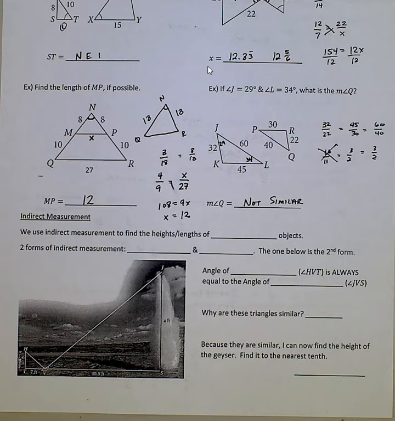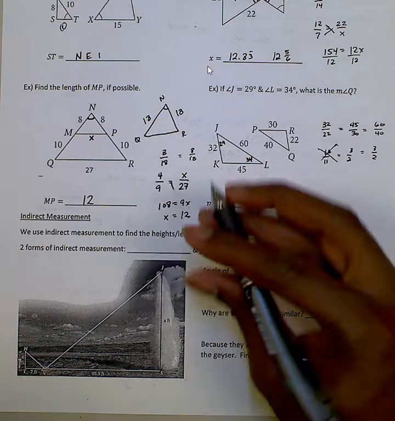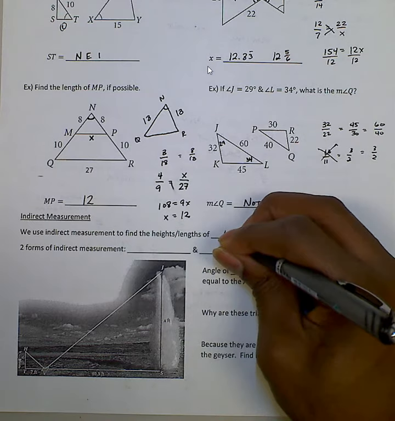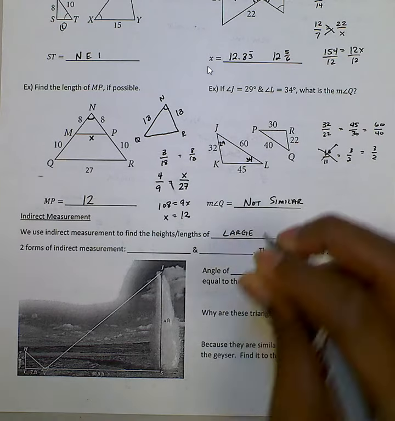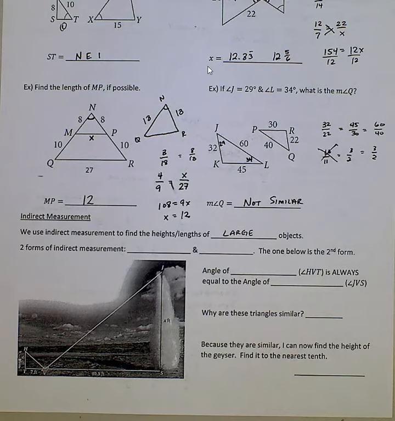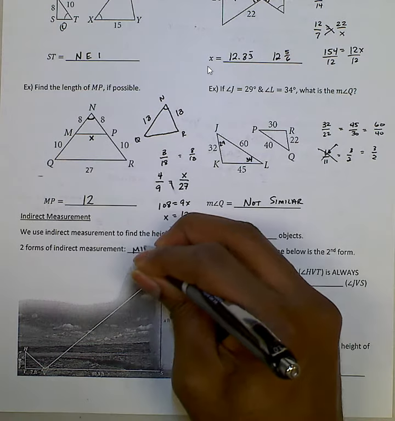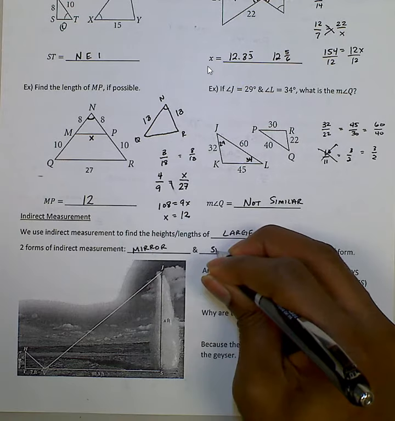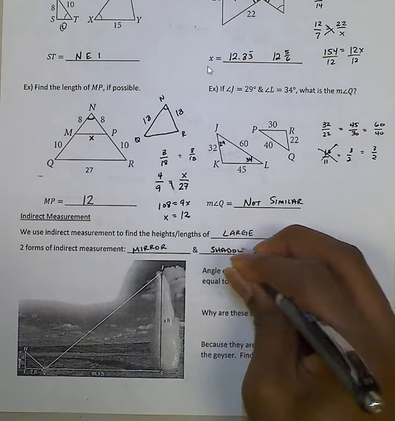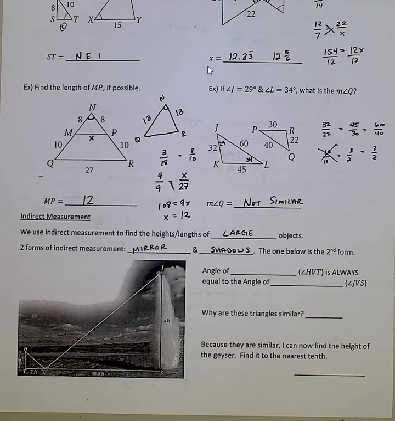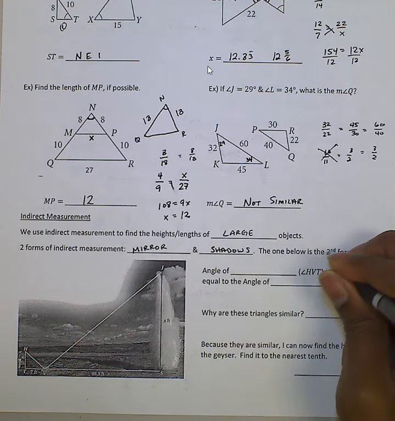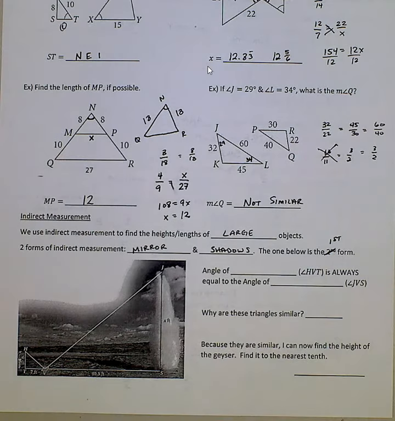Indirect measurement. We can use indirect measurement to find the heights and lengths of really large objects. There are two forms of indirect measurement. We have mirrors and shadows. Sorry, I'll change this to the first form, because this one is using a mirror.